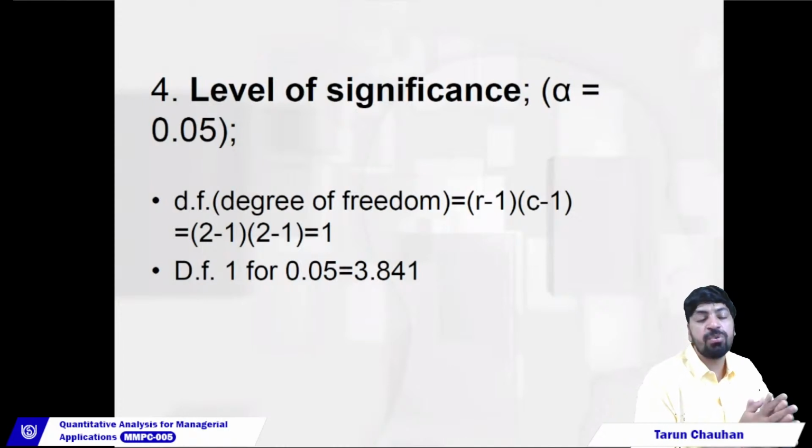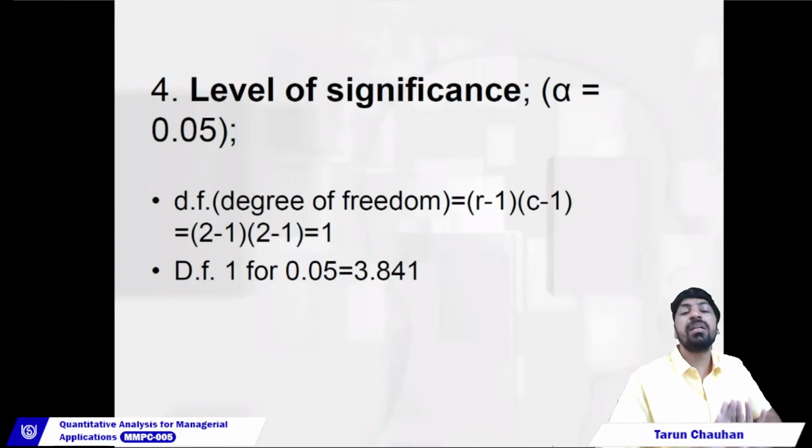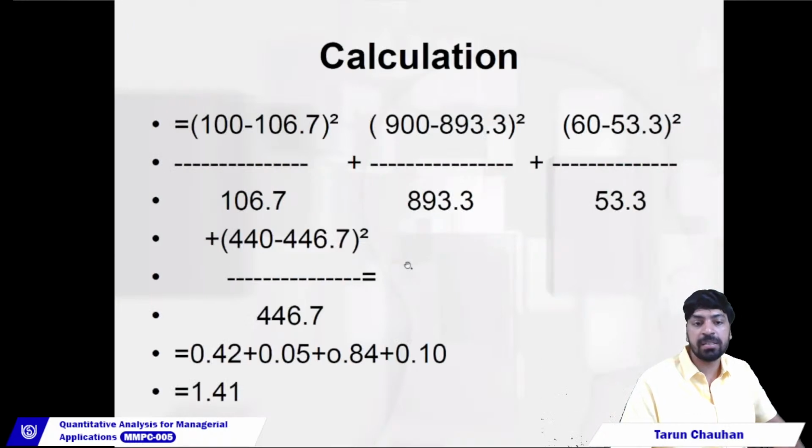The first rule: if the calculated chi-square value 1.41 is less than the tabulated chi-square value 3.841, what would be the result? There is no relationship. That means there is no association between the type of deepness and the type of operator. I repeat, there is no association between the deepness and the type of operator. So this is the result.